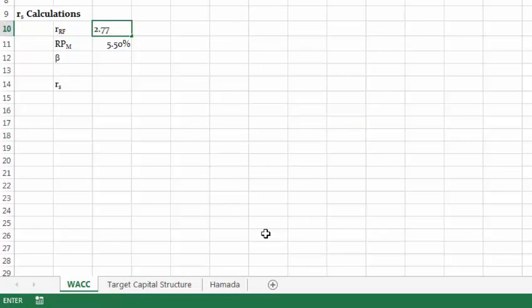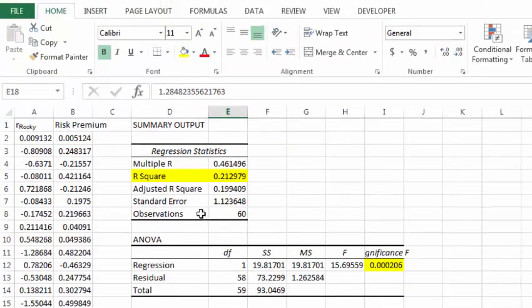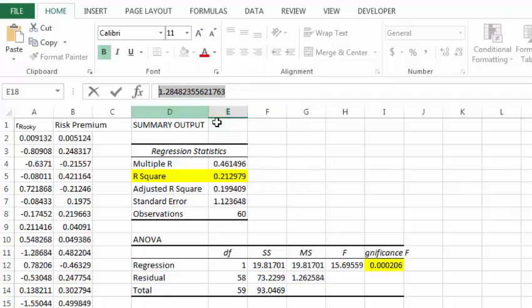So 2.77%. And the beta is 1.28-ish. Actually, since I'm incredibly anal, I'm going to highlight here and copy. If you highlight here, by the way, you're copying just the text.